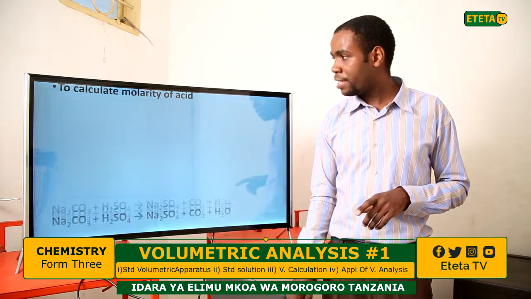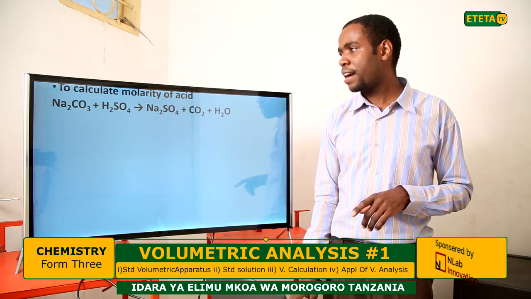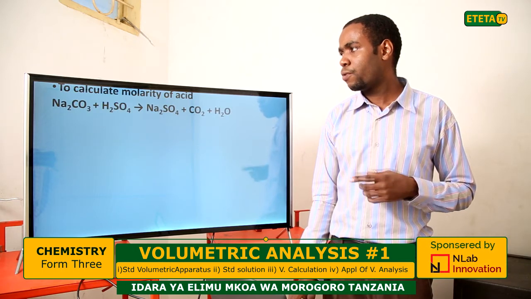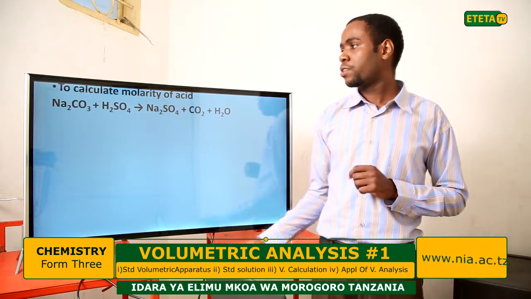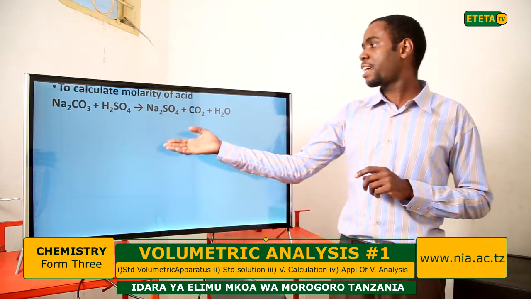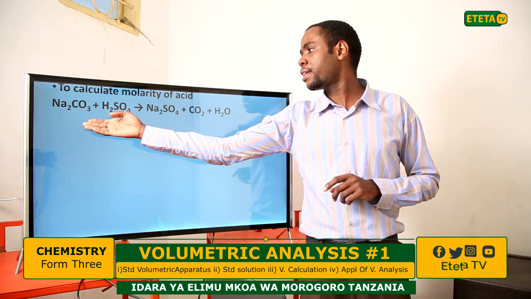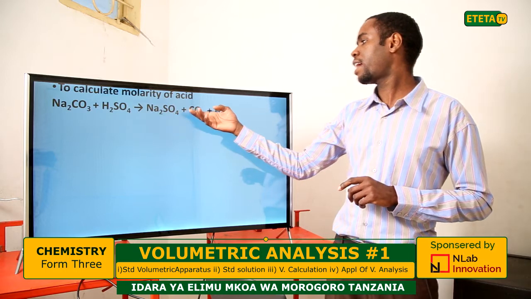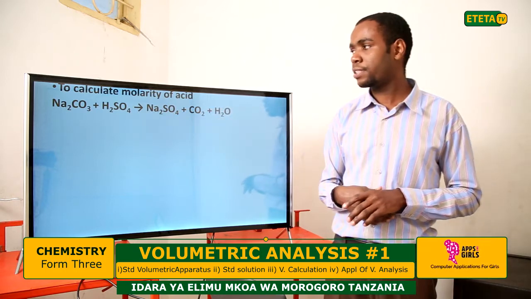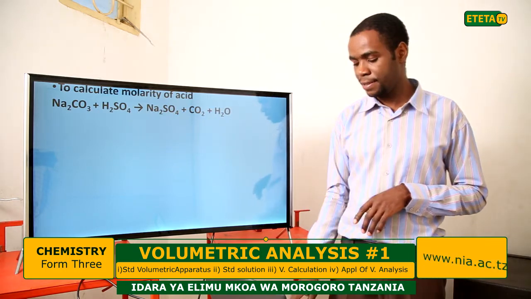Now it's a matter of calculating the molarity of acid. The molarity of acid is obtained from the MAVA, from the molar ratio formula. So first of all, the balanced chemical equation: sodium carbonate and sulfuric acid give sodium sulfate, carbon dioxide, and water. So the equation here is balanced.